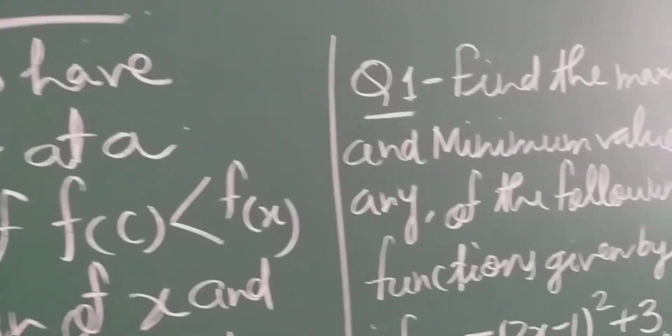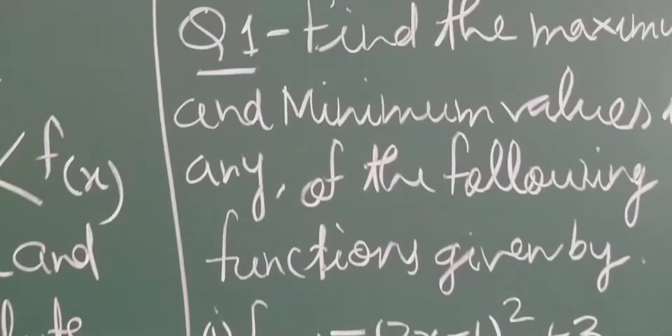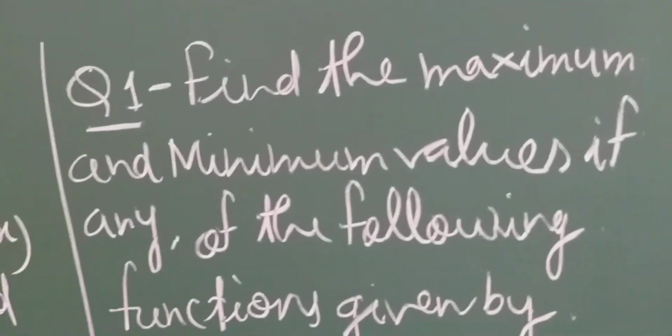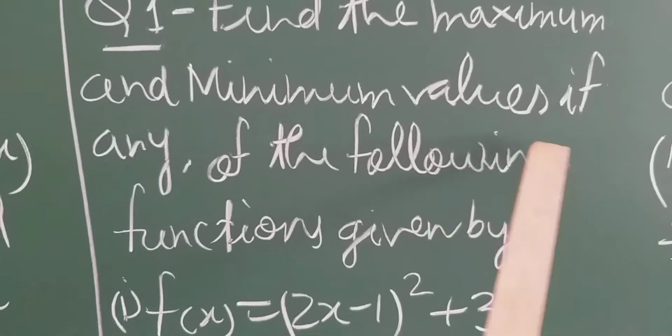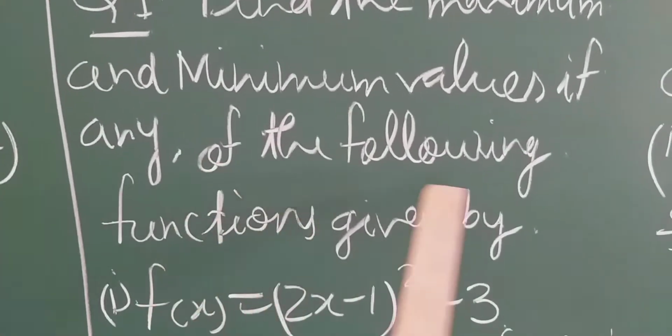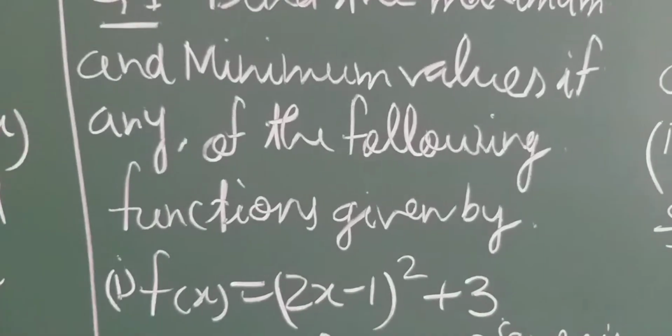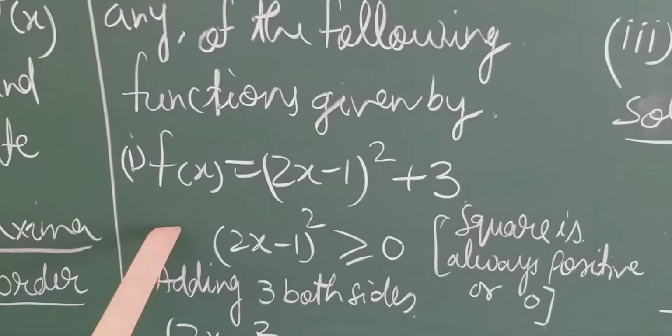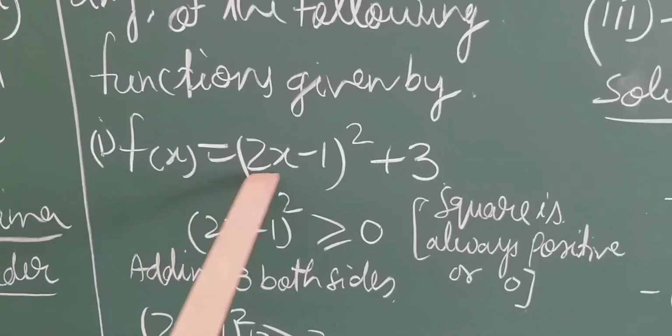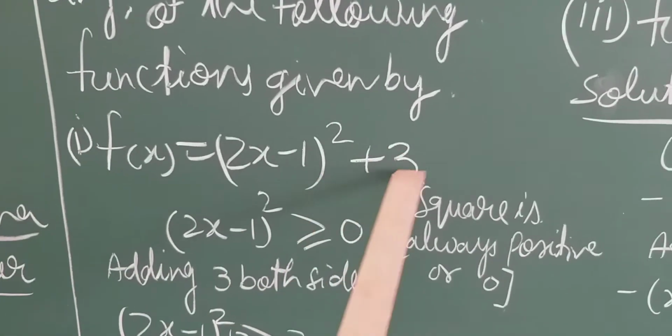Okay students, let us solve some easy questions. Find the maximum and minimum value, if any, of the following function given by f(x) equals (2x minus 1) whole square plus 3.